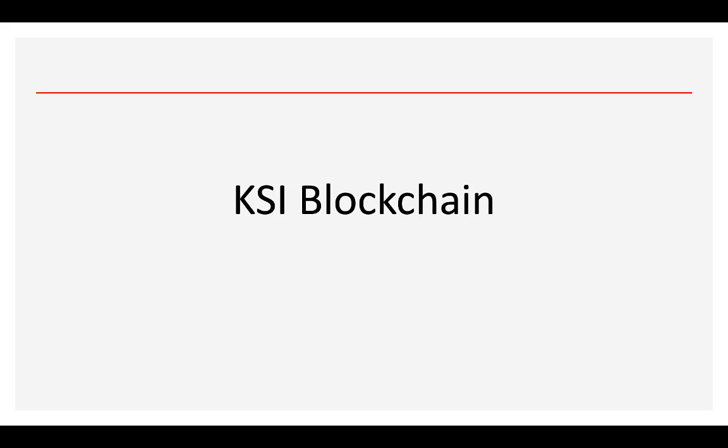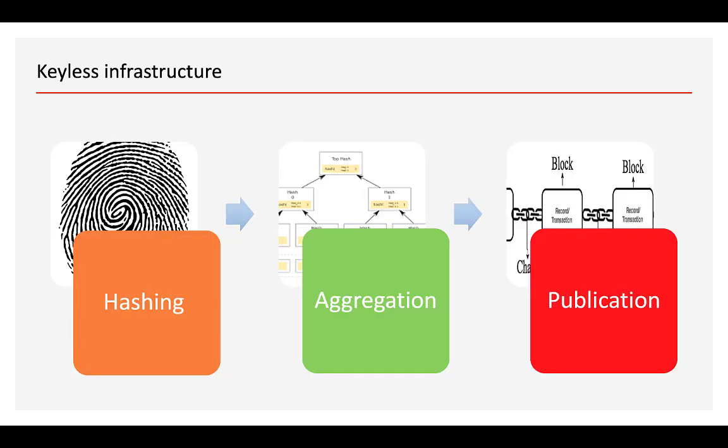There is no private key, no public key, no secret key, and using hash technology and hash graphs, which are kind of like Merkle trees, they have created a system where you can have integrity and timestamping of any document that is created in their government system. So we will very briefly look at what this is.